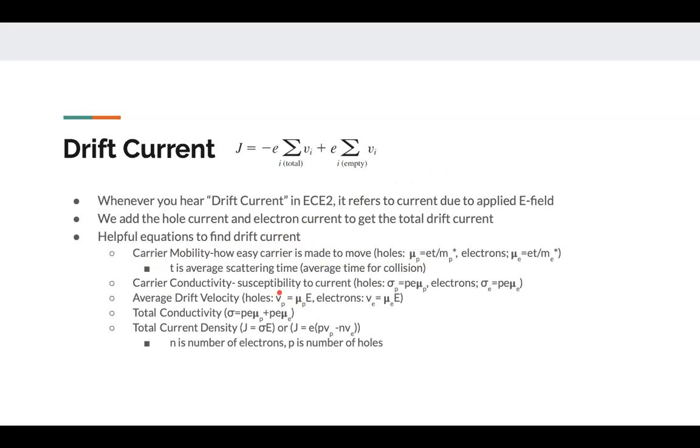The conductivity is how susceptible the material is to current, and that depends on the number of holes or electrons and the charge carrier mobility.